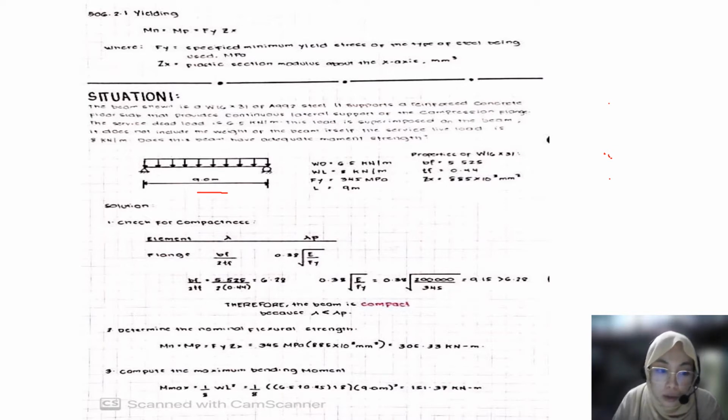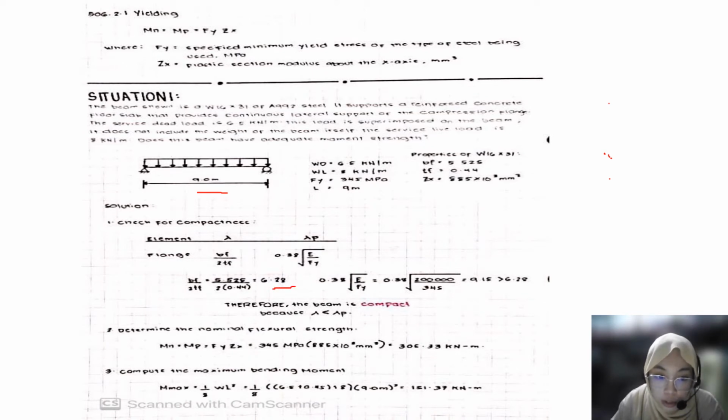And for the solution, yung first step natin is check for compactness. First, yung formula natin sa lambda is bf over 2tf. And substitute lang natin yung mga given. So, makukuha natin dito is 6.28.